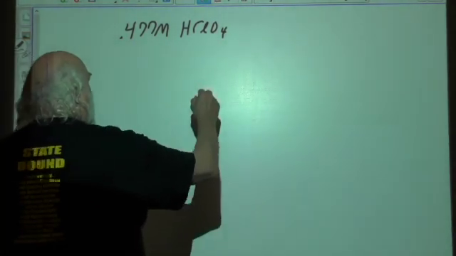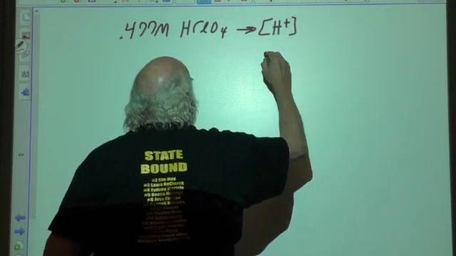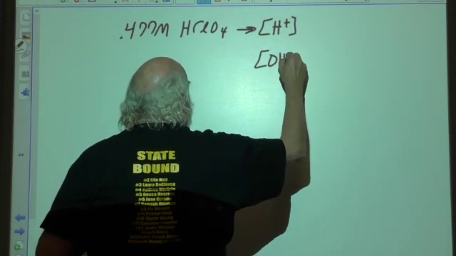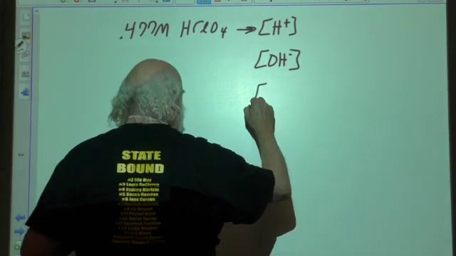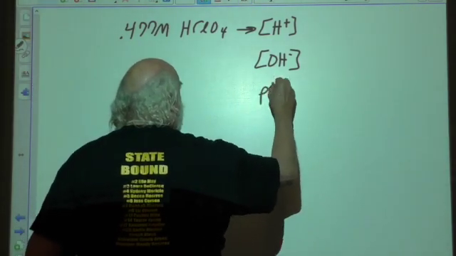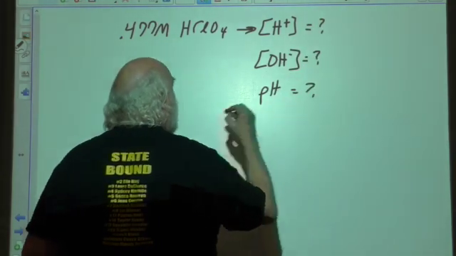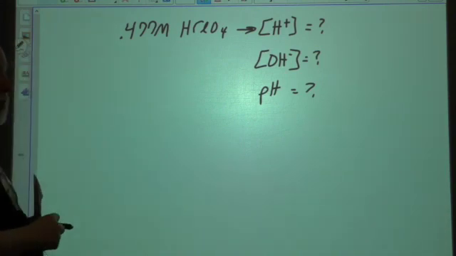And I want to know what is the concentration of hydrogen, what is the concentration of hydroxide, and what is the pH of this solution. That's what we're trying to find here.